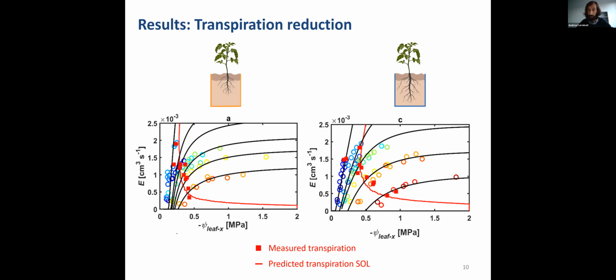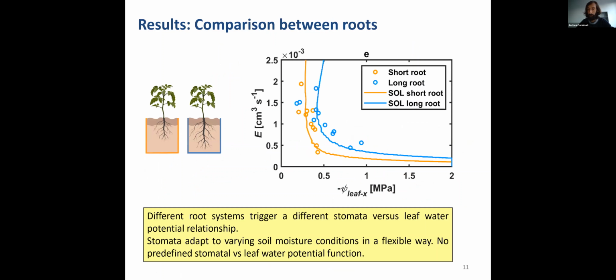So this figure shows 2 things. First of all, it's true that stomata close at the onset of hydraulic nonlinearity, basically when the black lines start bending. And the second thing, and now I will show the same figure, but simply comparing the transpiration response between the two root systems, is that changing the root system, here basically changing the gradients in soil water potential around the roots, also changes the relation between transpiration and leaf water potential.